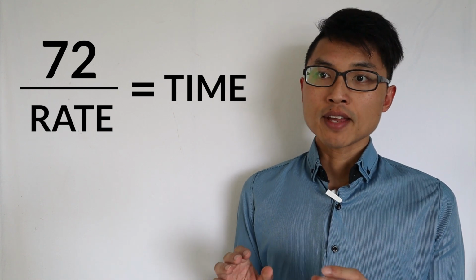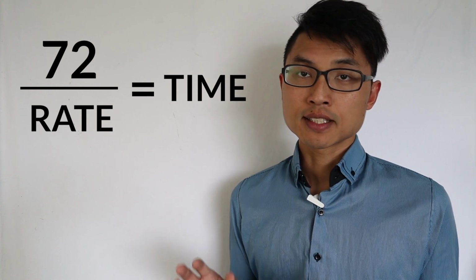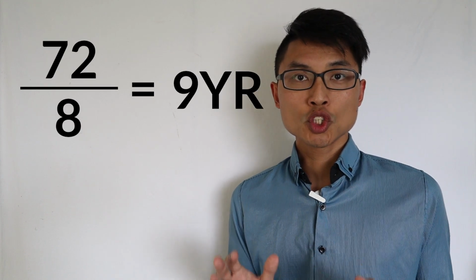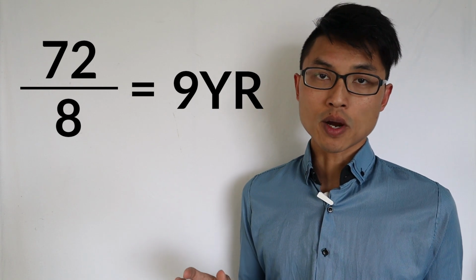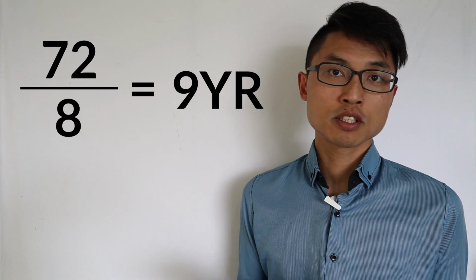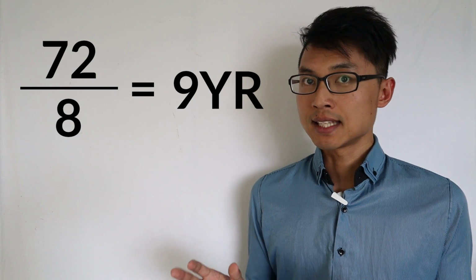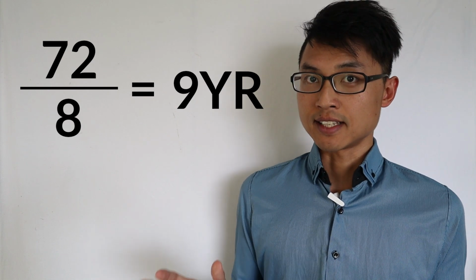So if you have an investment that returns 8% per year, simply divide 72 by 8 to get the number of years required for your investment to double. In this case, it is 9 years. Therefore, it would take roughly 9 years for your investment to double in value, and another 9 years for it to double in value again.